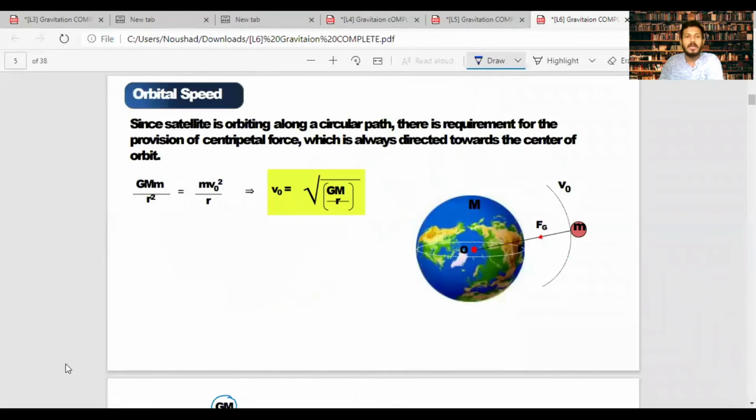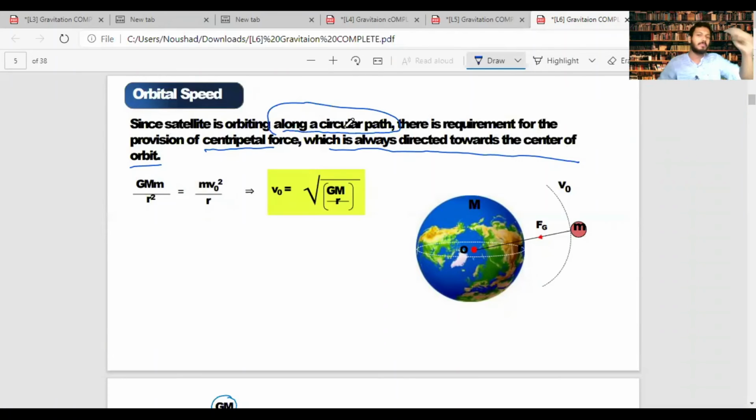Okay, then orbital speed, since the satellite is orbiting along a circular path. In chapter number 3, motion in a plane, we discussed a circular path. There is a requirement for the provision of centripetal force, which is always directed toward the center of the orbit. If I am the planet projecting a satellite, that satellite has a centripetal force towards my center, and it moves in a circular path.